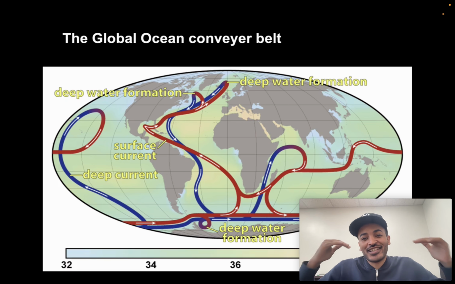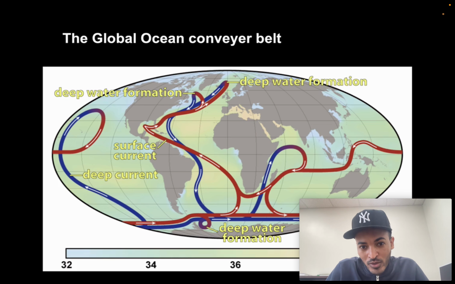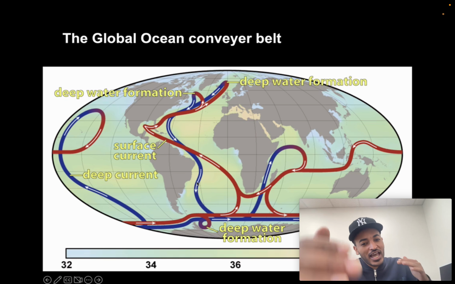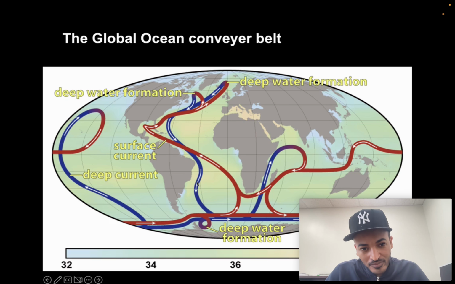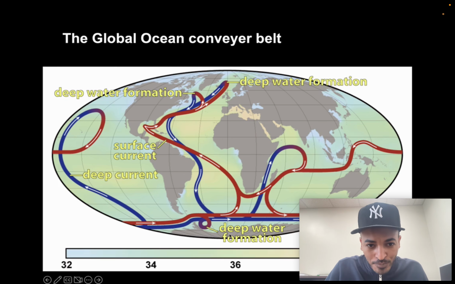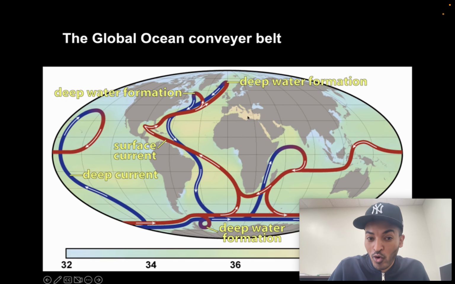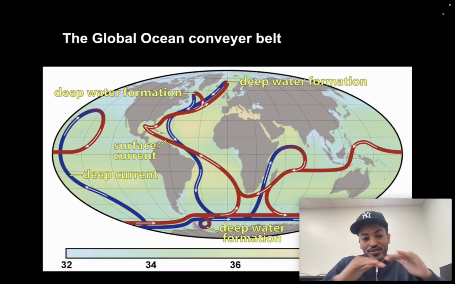That subsequently triggers a collapse of the gradient. If we don't have the gradient, then we don't have the transport of the different water masses from the tropics to the poles, or the transport of colder water masses to the tropics, where it regulates the tropical temperatures. That is severed, right?